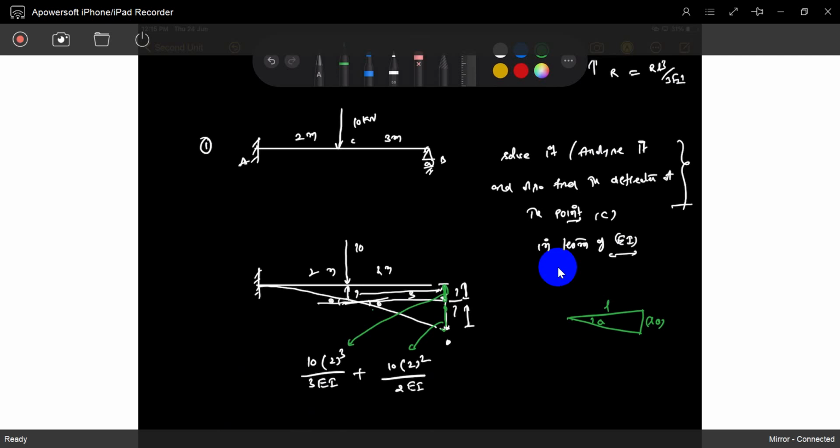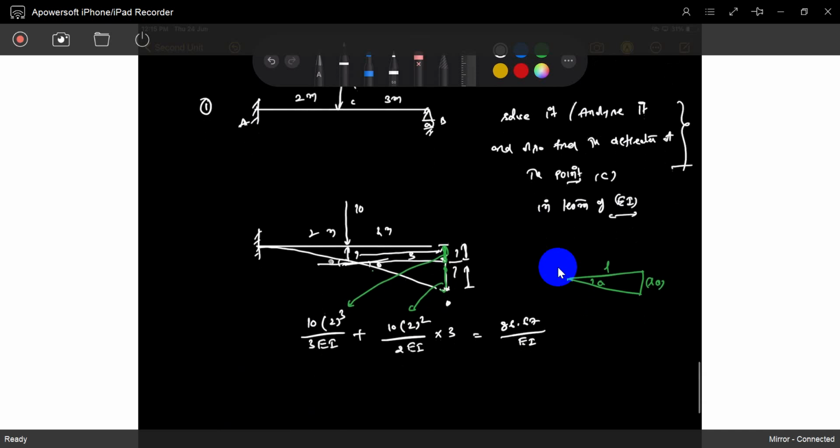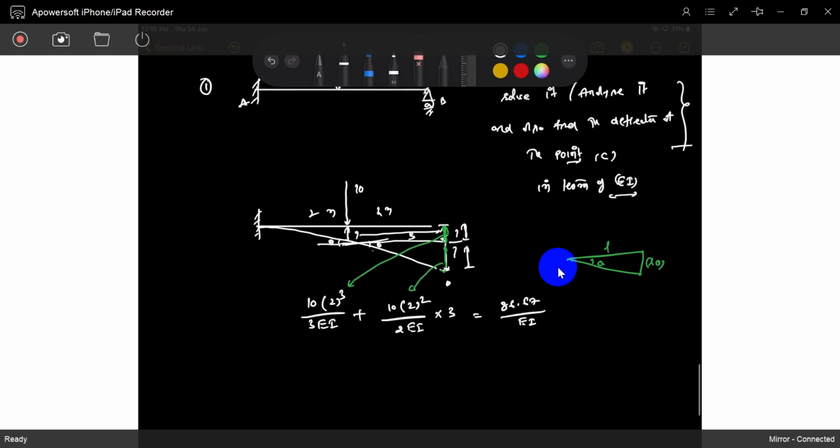So that is the deflection, which is 86.67 divided by EI.